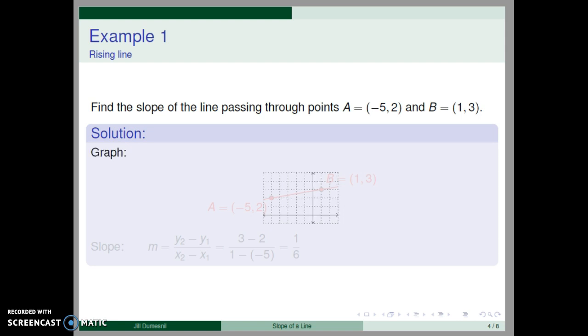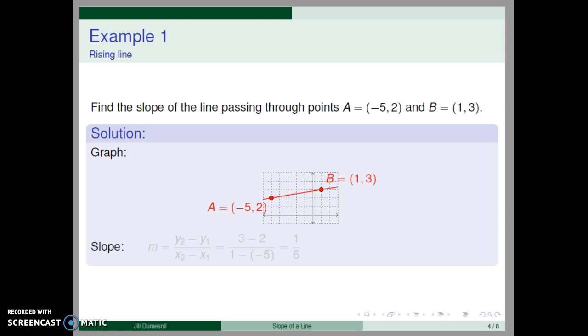I draw myself a set of axes and a grid for scale, and then plot the point A by going left 5 and up 2 from the origin. Plot the point B at coordinates 1, 3, and draw the line between them.